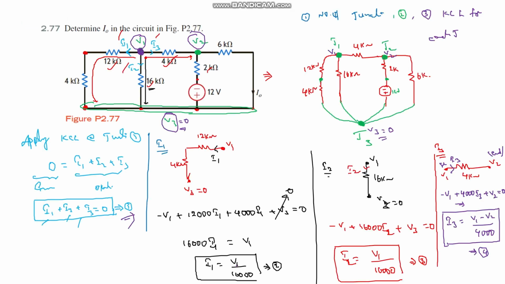I1 is V1 by 16,000 plus I2 is V1 by 16,000 plus I3 is V1 minus V2 divided by 4,000, equal to 0.